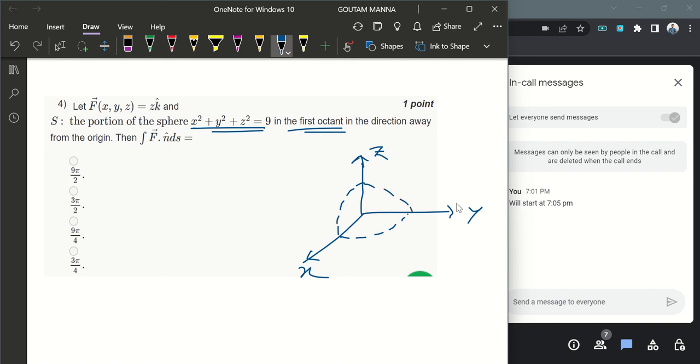Any normal vector outside this plane, let's call it n hat. The n hat should be radially outward because we are on a sphere.